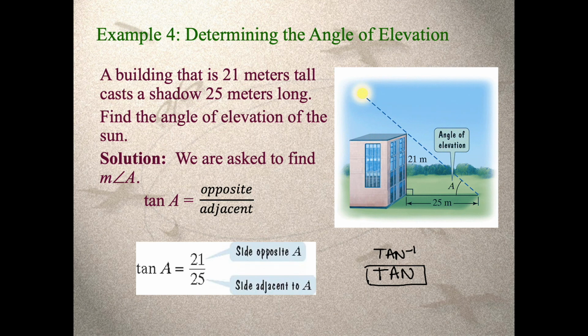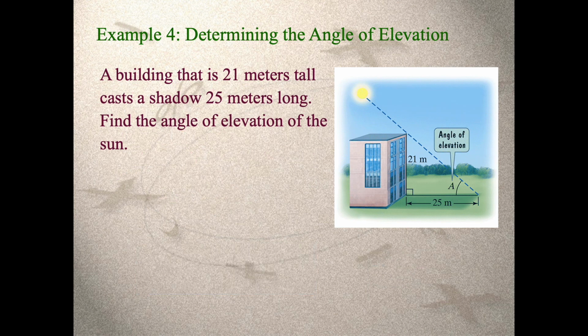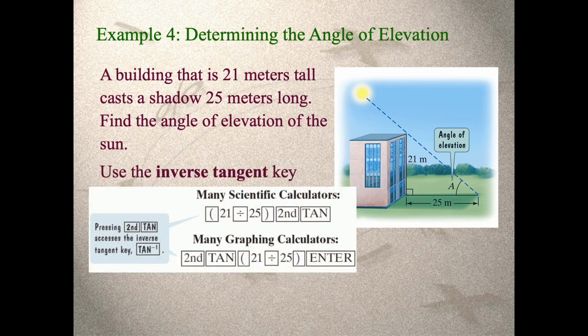All right, so to type this in, depending on your calculator, it could go one of two ways. So our inverse tangent key, to get to that little tan -1 that's above the button, you have to hit the second key. All right, so some scientific calculators want you to type the fraction first.